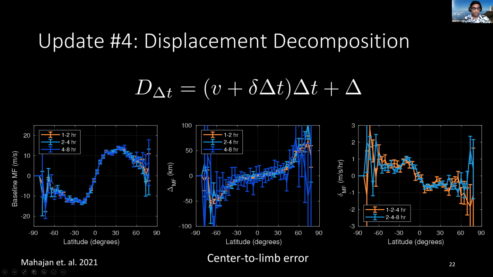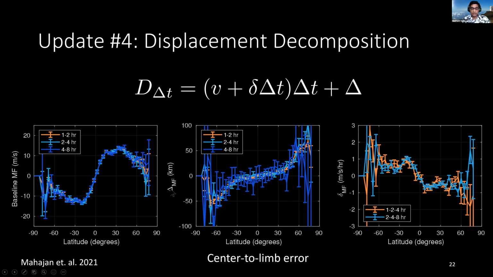Now, the first plot on the left is the baseline meridional flow profile. It looks nice and like other studies have shown before. And the middle panel is the capital delta.